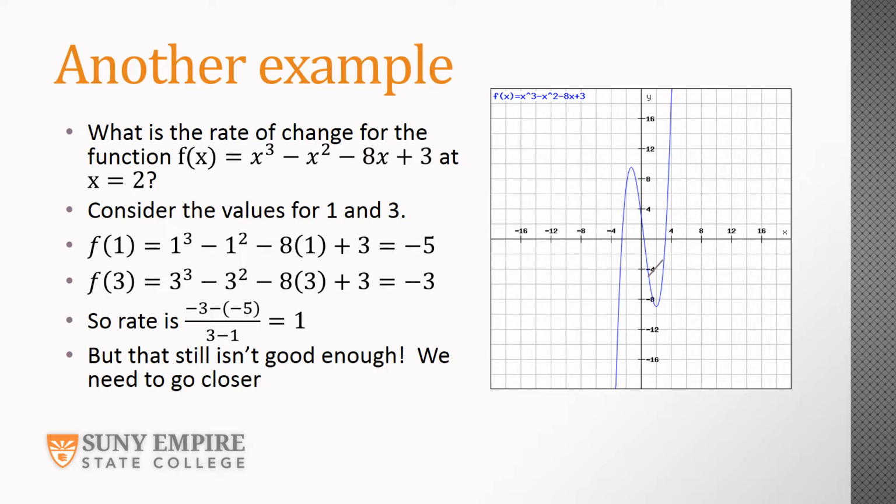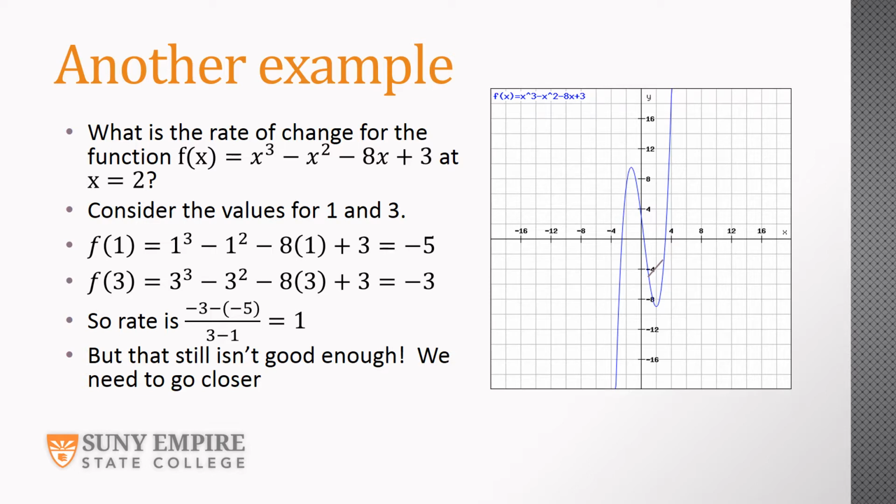Plugging 1 into the function, we get a value of negative 5. 3 yields a function value of negative 3. Finding the slope of the secant line, we have the quantity negative 3 minus negative 5 divided by the quantity 3 minus 1. This simplifies to a slope of 1.